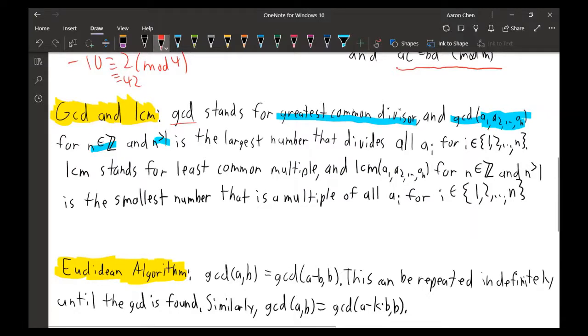A simple example would be GCD of 6 and 9 is equal to 3, and GCD of 1 and 15 is equal to 1.